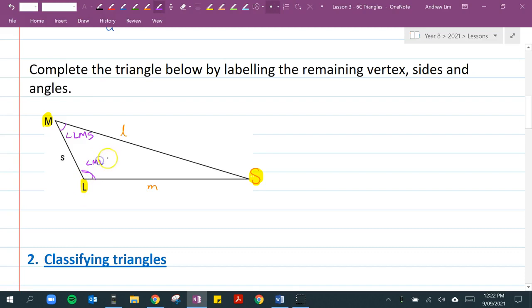Angle MLS. This one here is at vertex S, so S needs to be in the middle. Angle MSL. Of course, you can just go backwards for each of these ones, so don't mark yourselves wrong if you did.